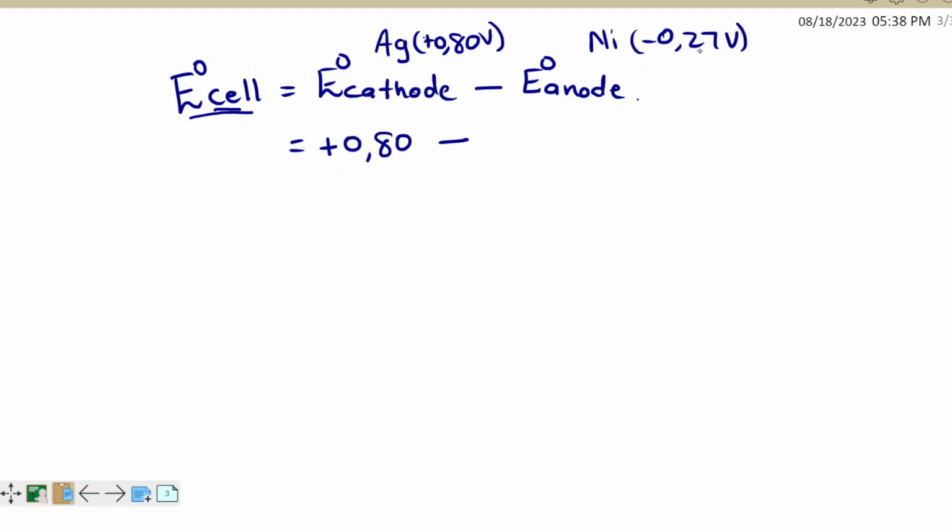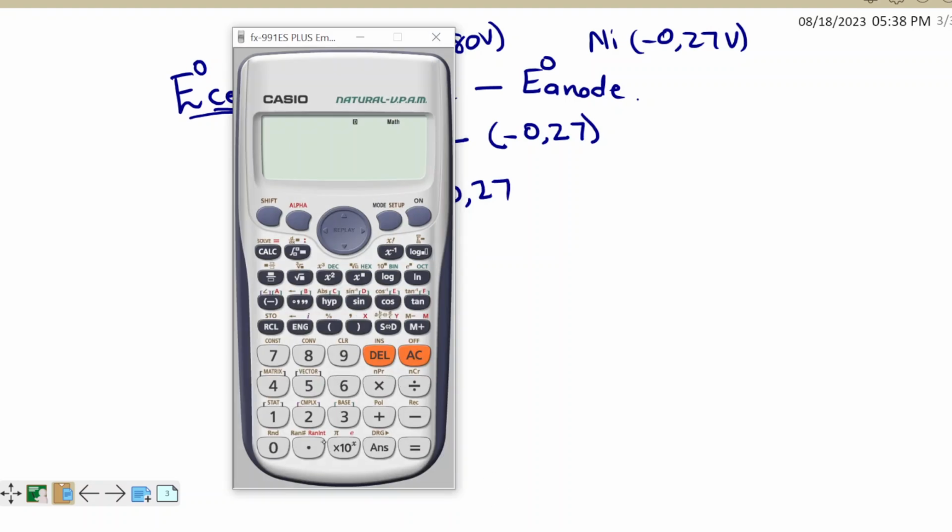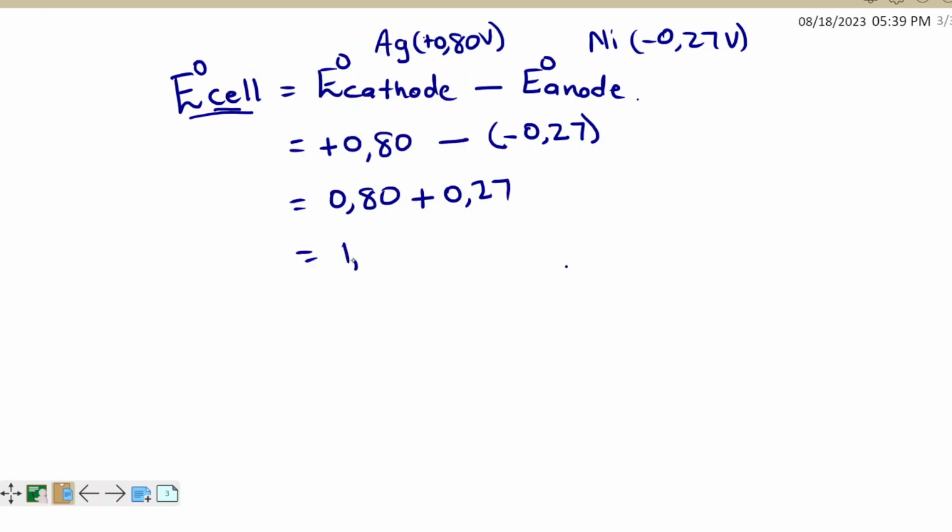On the side of the anode, we're going to put the value for the nickel, which is negative 0.27 volts. Then we know this is mathematics. A negative times a negative is going to be a positive. So we need to add these two numbers. So we have 0.80 plus 0.27. Then the answer is 1.07. So the answer is 1.07 volts.